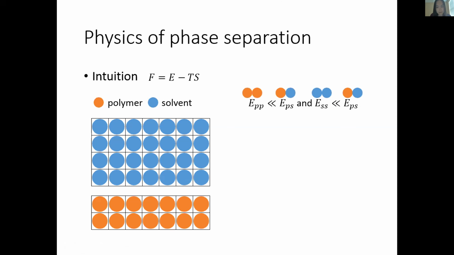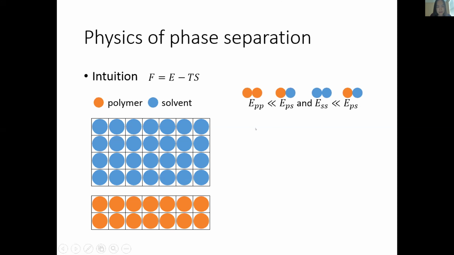But the hydrophilic water molecules do not really like the hydrophobic oil molecules. Then that makes an interaction energy in this form.